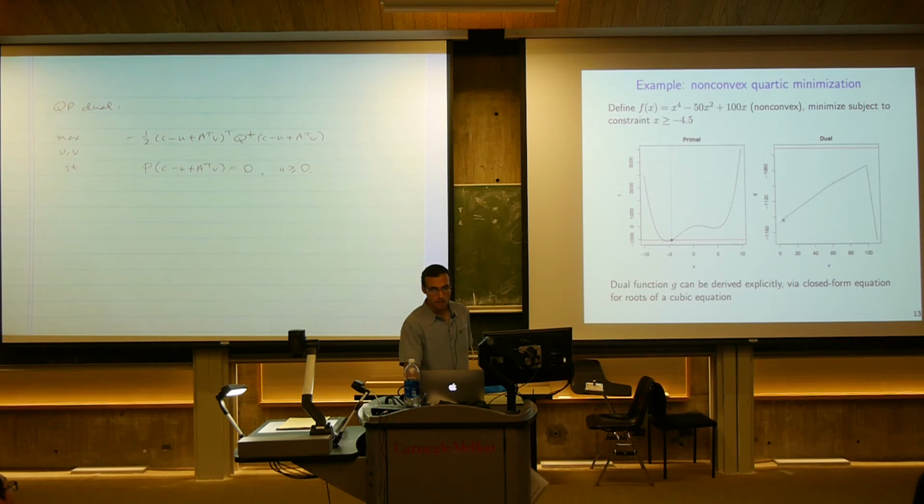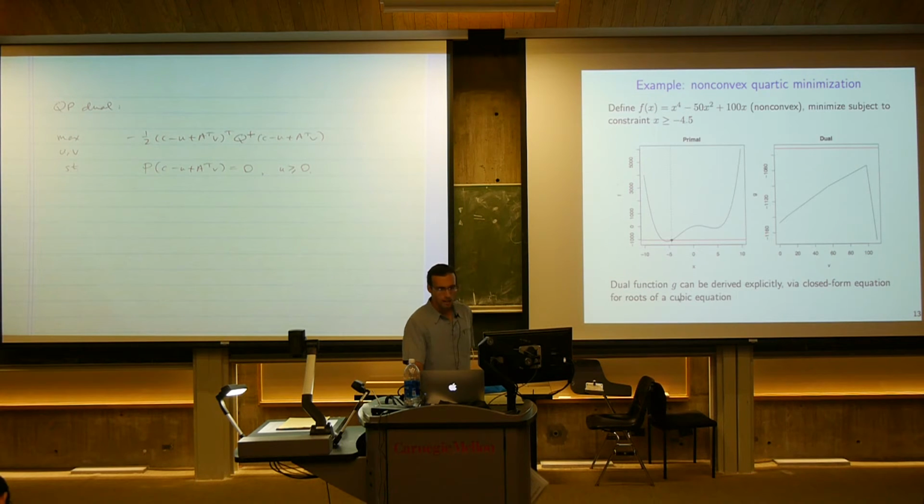You can see there's a gap. But what do we notice? This is actually concave. Even though the primal is non-convex, the dual function is concave. And not to digress too much, but it looks very close to piecewise linear. That's also a somewhat general phenomenon for non-convex primals: the dual function is concave, and it looks close to piecewise linear.